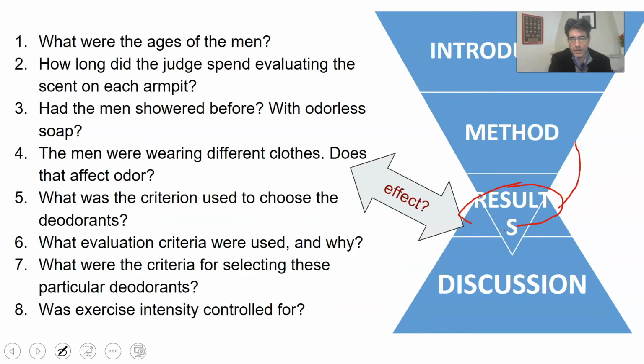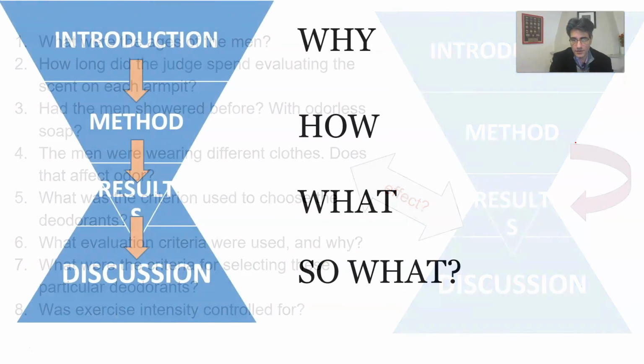Therefore anything that could possibly have influenced the results needs to be reported there in the method section, and then any shortcoming, anything that should have or could have been but wasn't controlled for, would need to go eventually in the discussion.